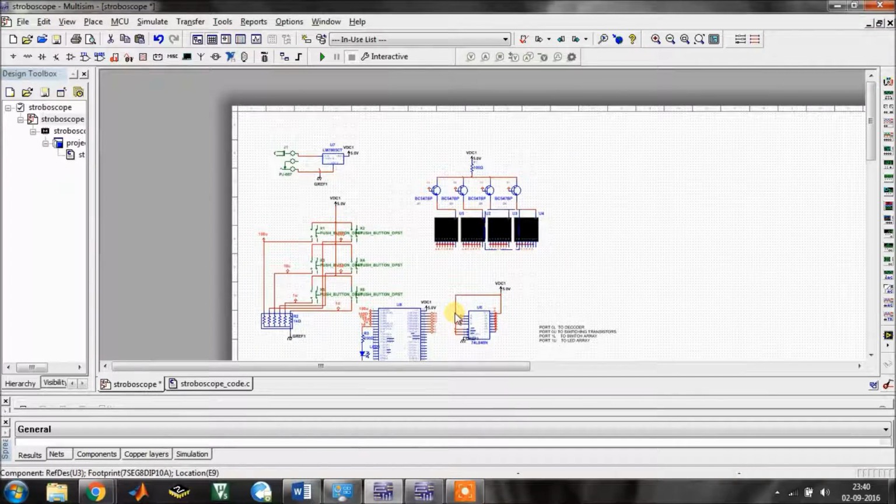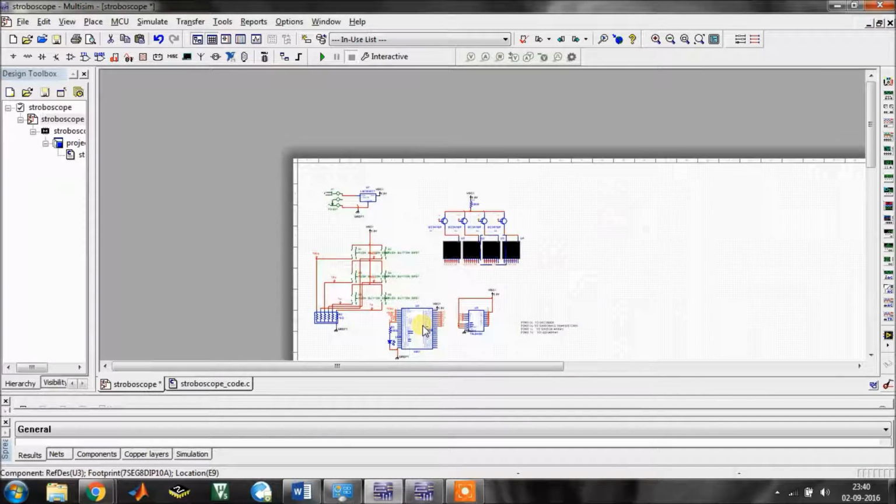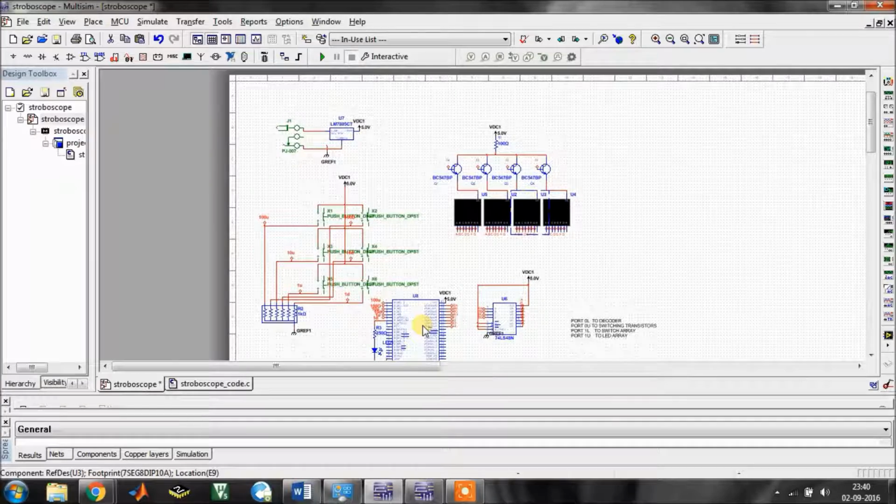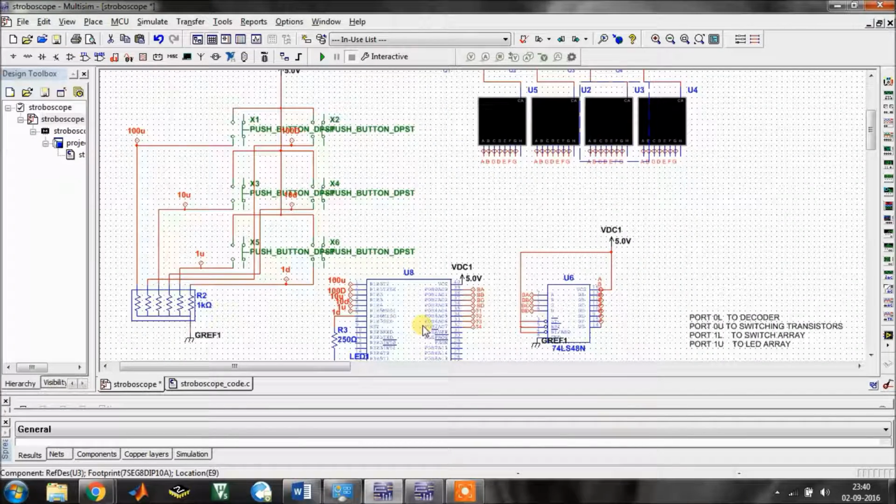All the processing pertaining to the whole process is controlled by this single 8051 sitting over here.